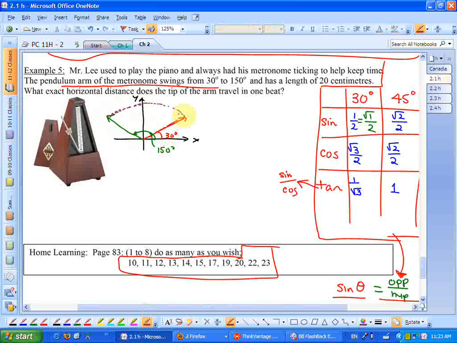Now, what am I asking you to find in this question? It says this. What is the exact, now notice I said exact, that's why you need that table, what exact horizontal distance does the tip of the arm travel in one beat? Now, I asked you for the horizontal distance, so do not think that it's this curve that I drew in purple.